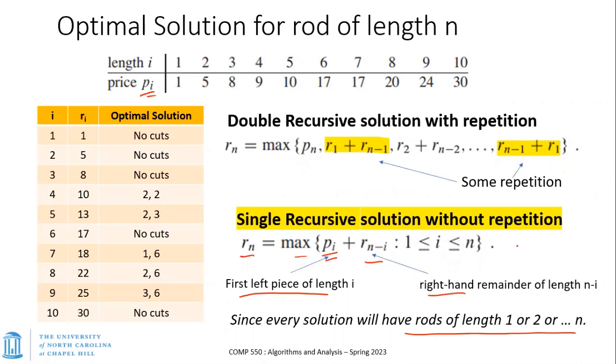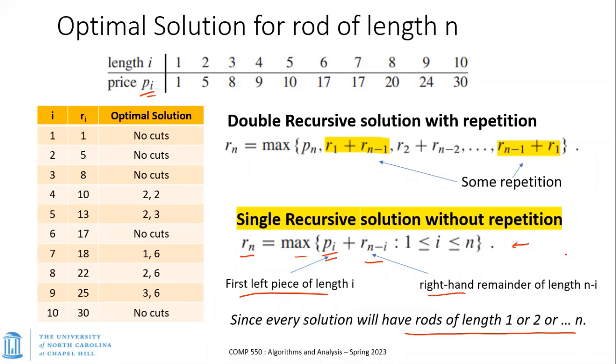Hopefully you can see where this equation is coming from, and it avoids the double recursion and doesn't have any repetitions either. So this is a slight improvement in the equation, and this is the equation we're going to see if we can implement, and convert into an algorithm.